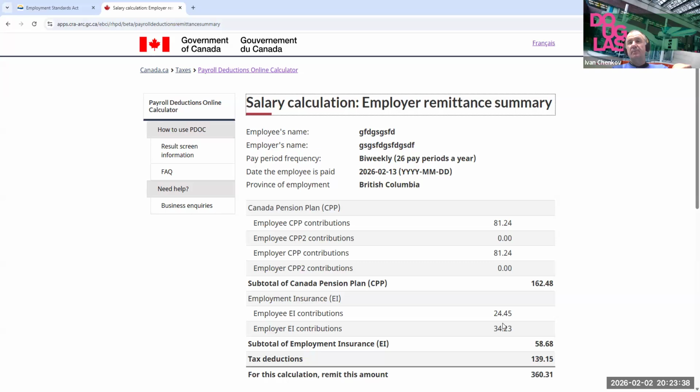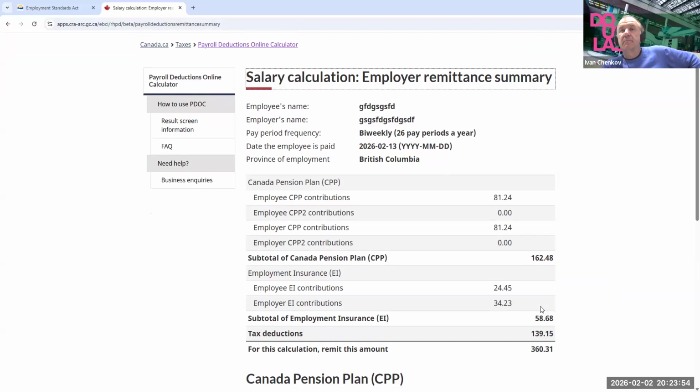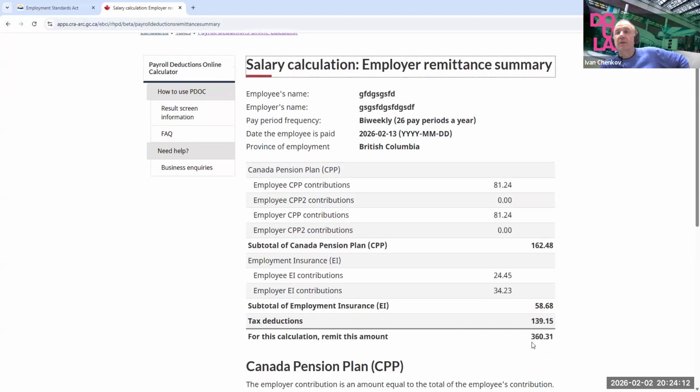Plus, the employer has to pay $34.23, which is 1.4 of $24.45. In total, the employer has to pay $58.68. Total deductions. So for this calculation, the employer has to submit to the government $360.31.